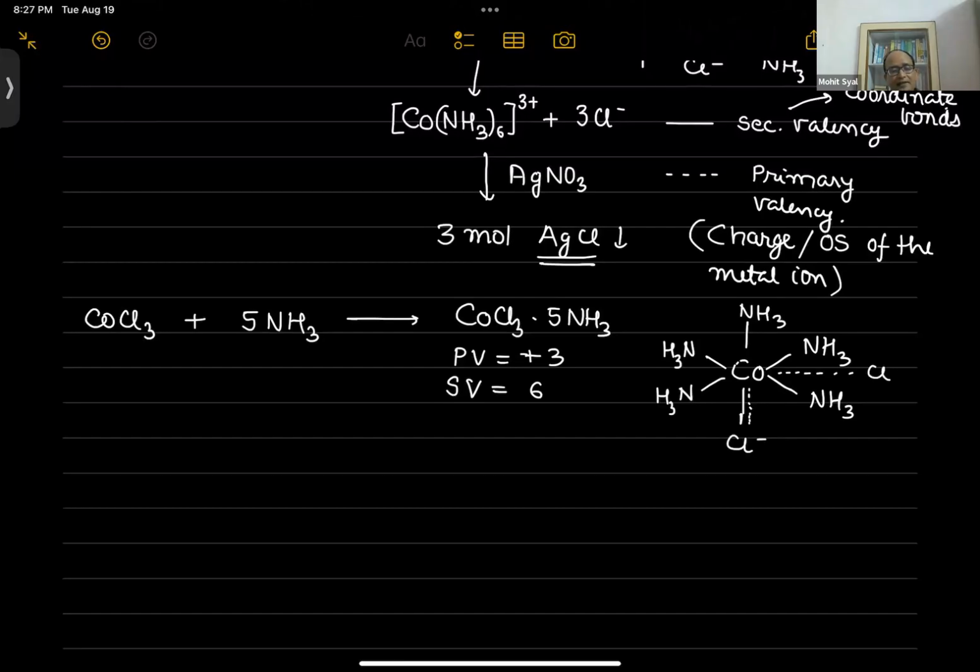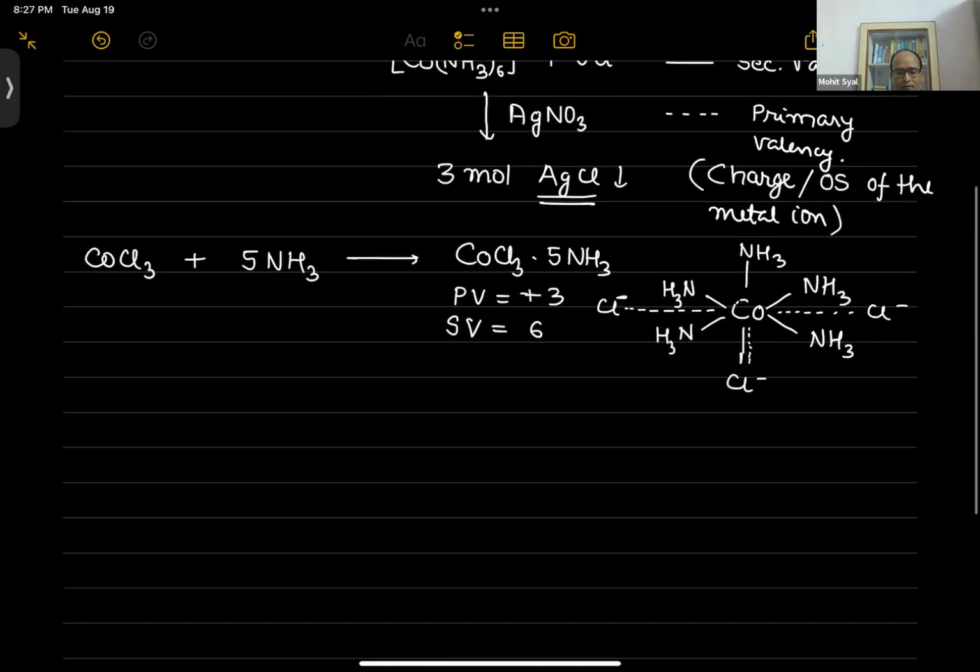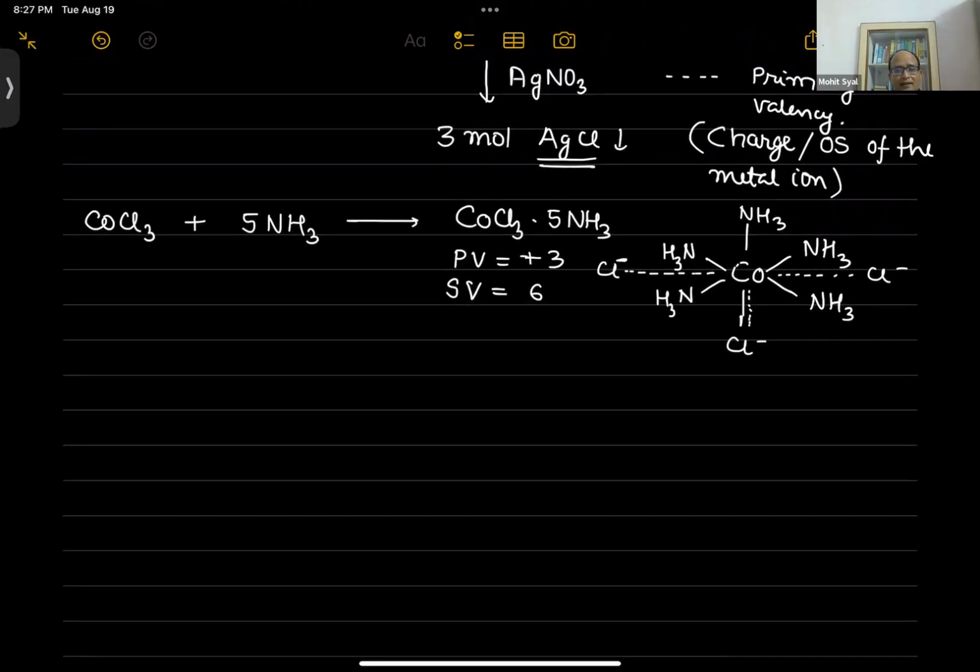So primary valency is 3 and secondary valency is 6. What does the primary valency mean? It represents the charge of the metal ion. And how is it satisfied?